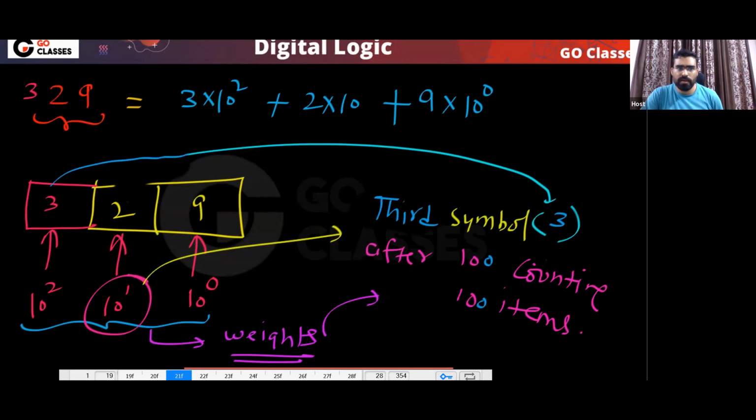Very simple. So if anyone asks you from where these weights are coming, these weights are coming because after counting how many items you use that symbol. This symbol we are using after counting 100 items, so that is the reason this weight is coming. Okay, is this point clear?